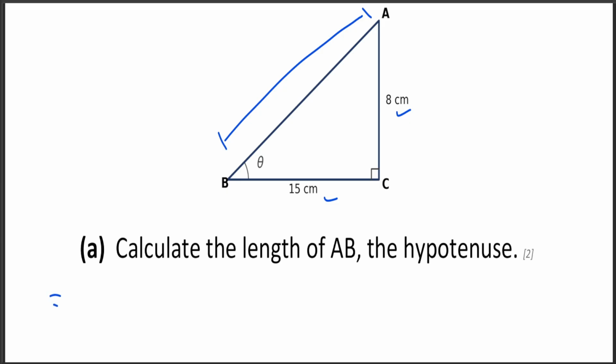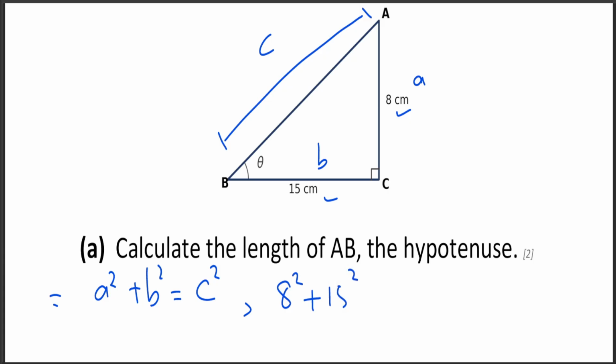And for Pythagoras theorem, we know this is a, this is b, and the longest side is c. So the formula says a squared plus b squared is equal to c squared. So 8 squared plus 15 squared is going to be equal to c squared. If I add the two, 8 squared plus 15 squared gives you 289, which is equal to c squared.